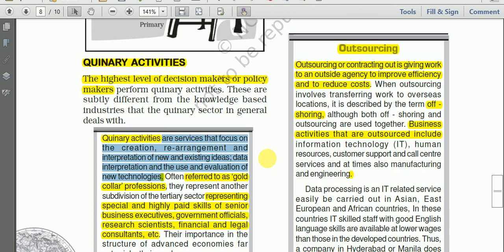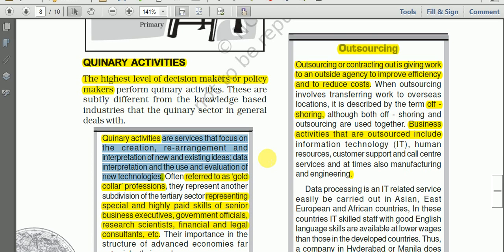We already have so many scientific laws and theories, so many mathematical laws and theories, and we can re-examine and interpret those concepts and laws again, and so we can prove whether those theories or those laws are true or false. That is what we call interpretation of existing ideas, and that also comes under quinary activities.